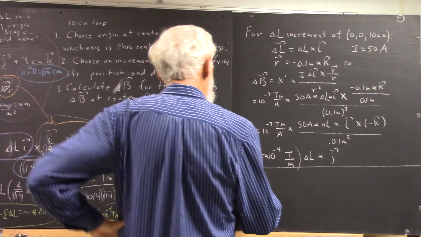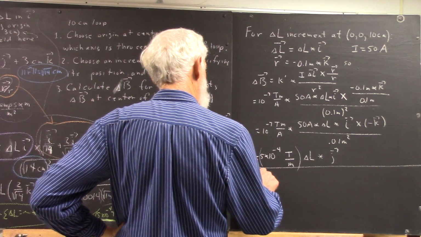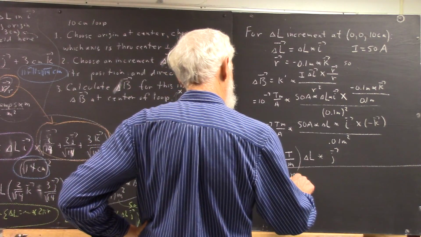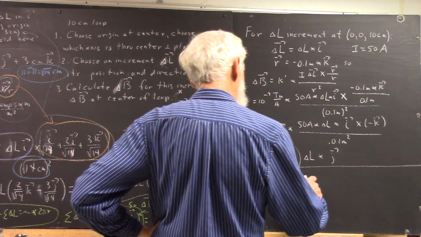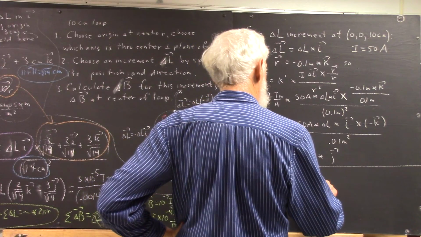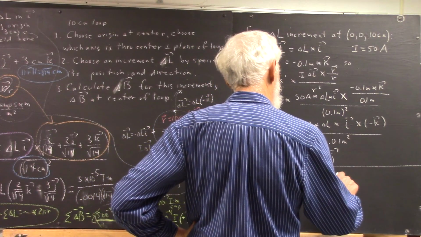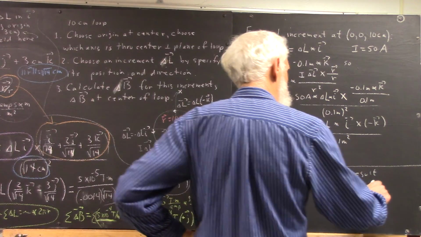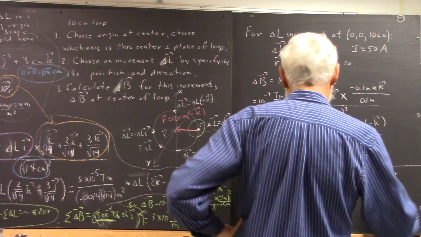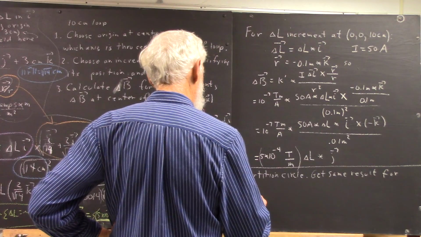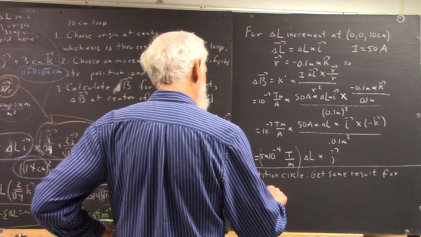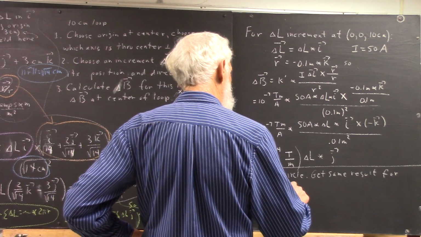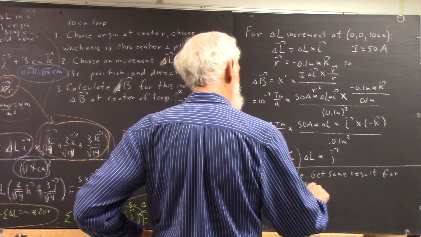Okay, so partition the circle, we get the same result for every I delta L increment.